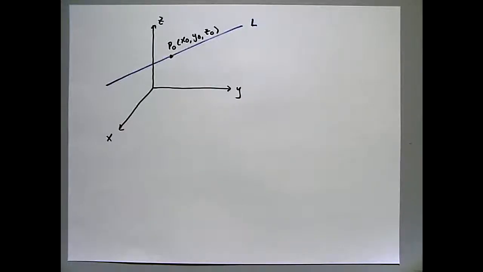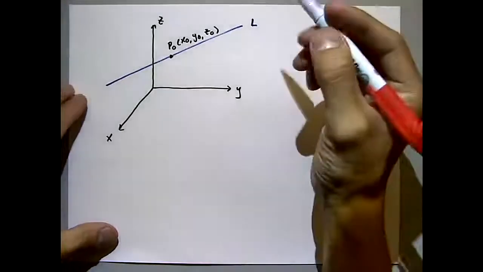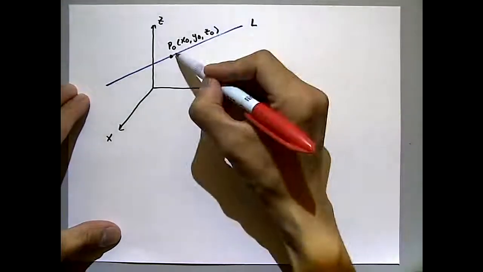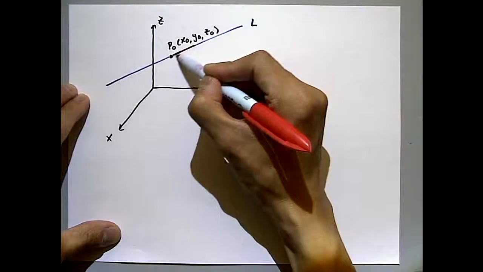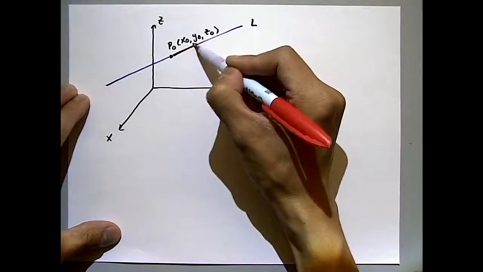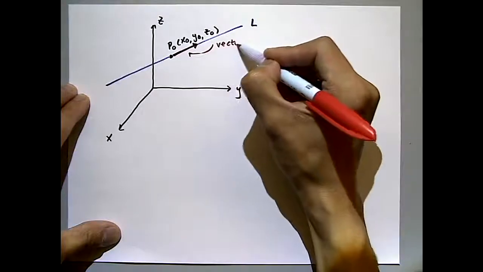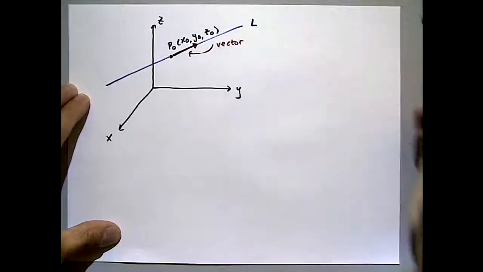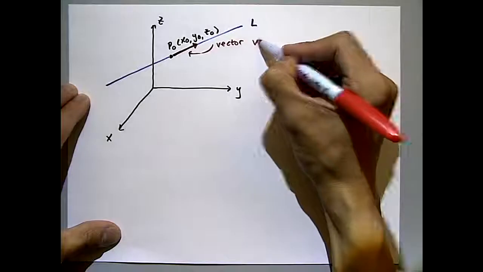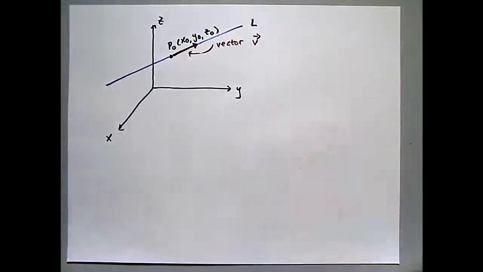I also know the direction that this line is parallel to. So for example, let's say I know a vector on this line. And we'll call that vector v. Okay?